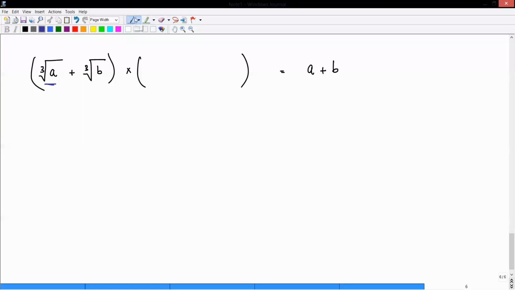So I'll use the formula of x cube plus y cube, which is equals to x plus y into x square minus xy plus y square. All I do is x cube is equals to you equate it to a, then x becomes a to the power of 1 by 3.